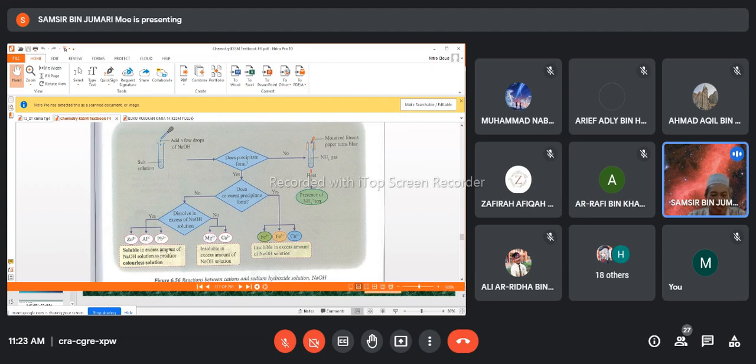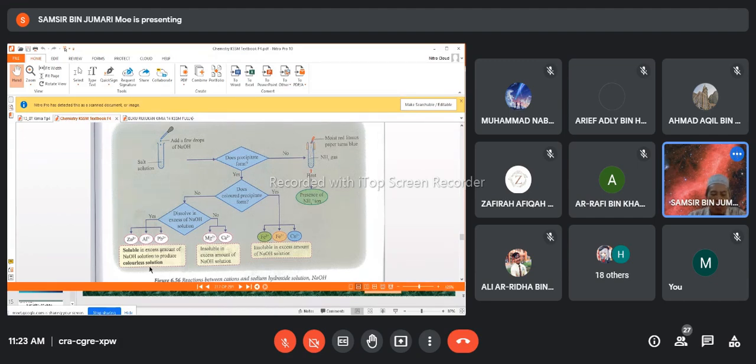Okay, these three cations have the characteristic. So by using the reagent of sodium hydroxide solution, yang ini tiga ni dia punya karakter dia, kita boleh tahu dengan kita masukkan sodium hydroxide solution.